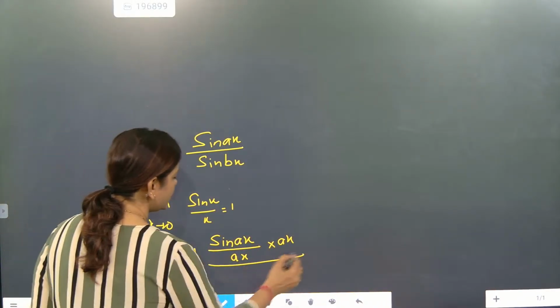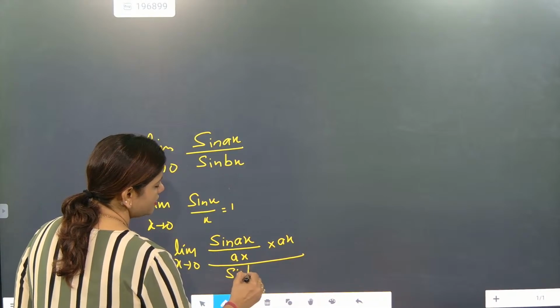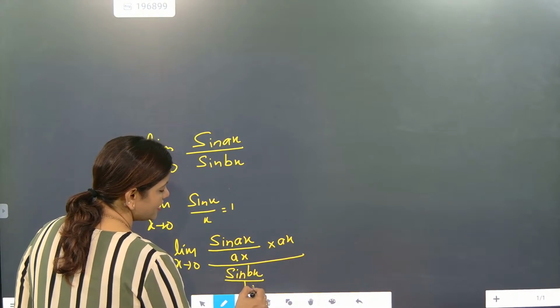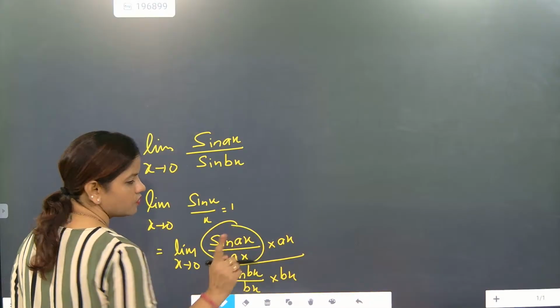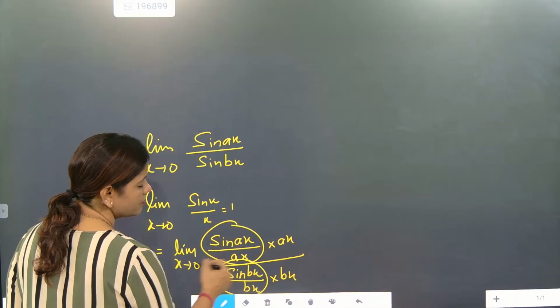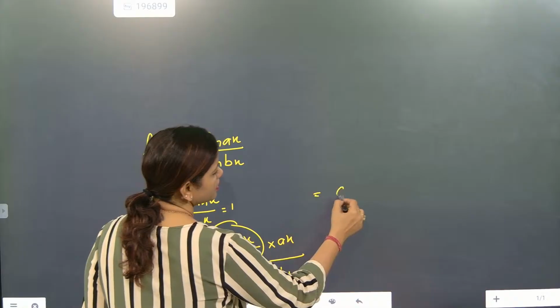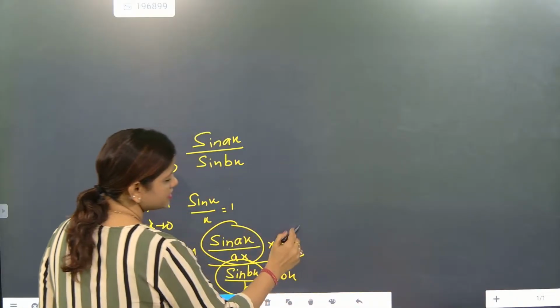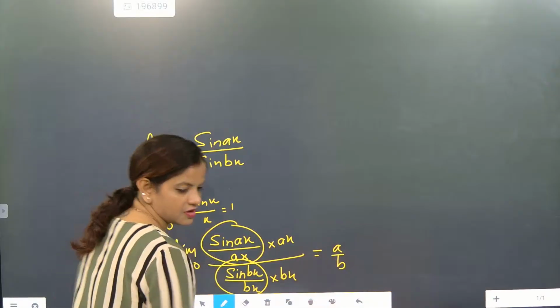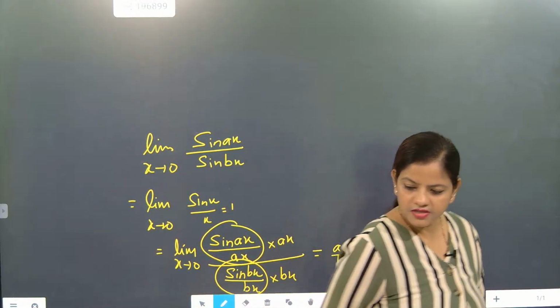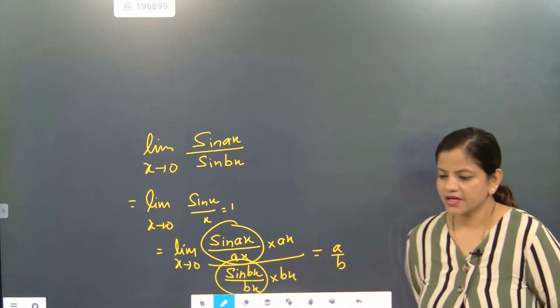Now denominator part, what are we going to write? Sine bx by bx into bx. So this section will become 1. This section will become 1. And this x and x will get cancelled. So directly we can write answer as a by b. Yes, that's the correct answer.